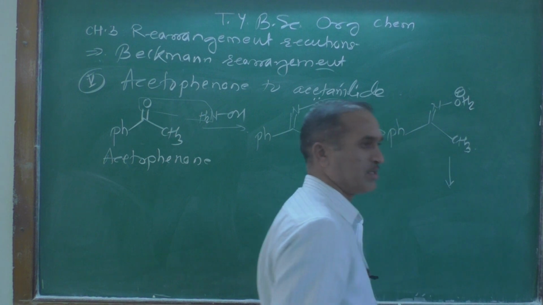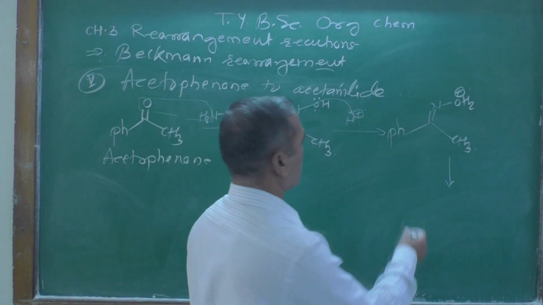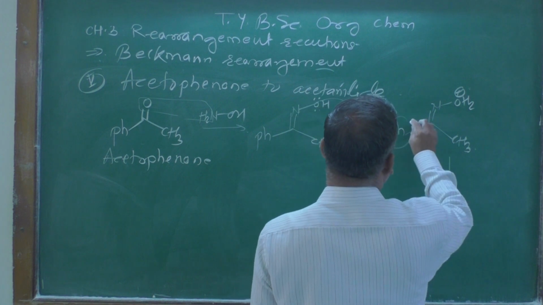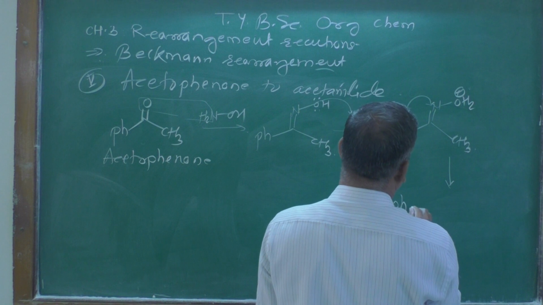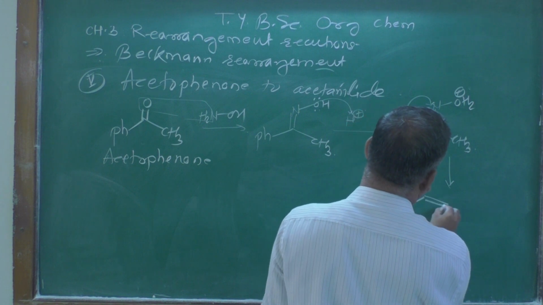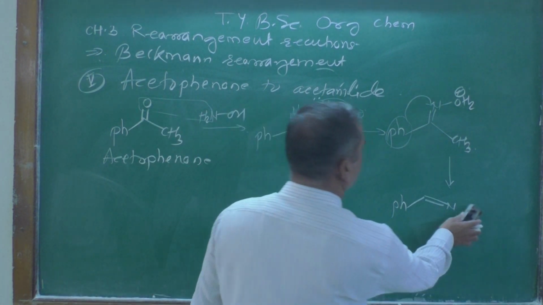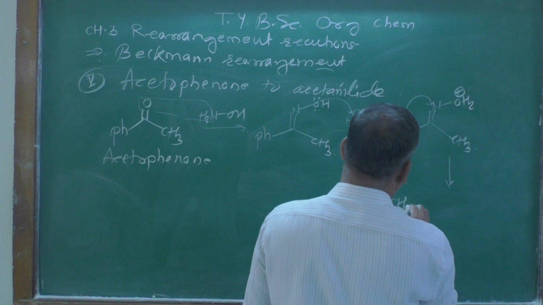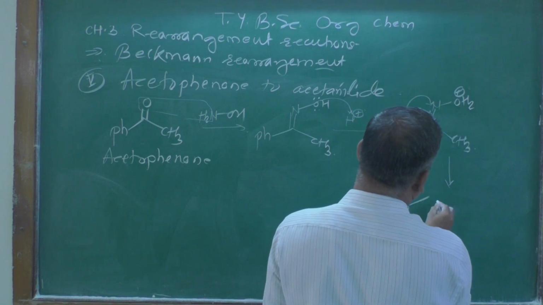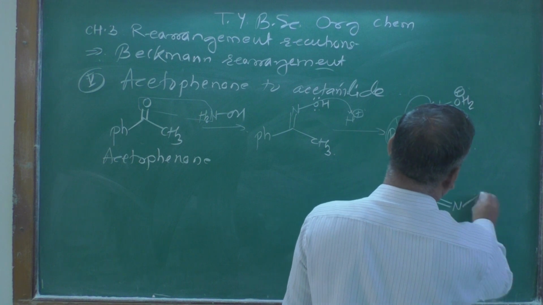Remember, there is a competition. pH is trans to that hydroxyl group, and therefore it is going to migrate like this, and you will get here pH, then double bond N, not this. Let me clear here. Methyl group remains here, CH3, then double bond, then nitrogen atom and this pH, right?